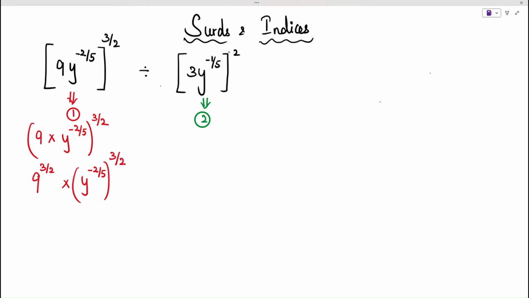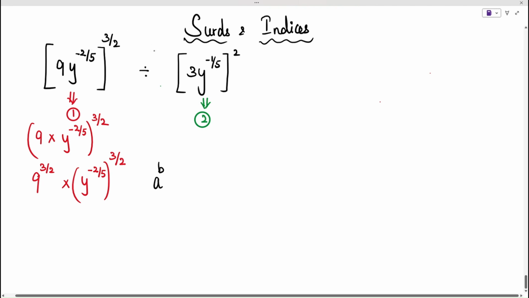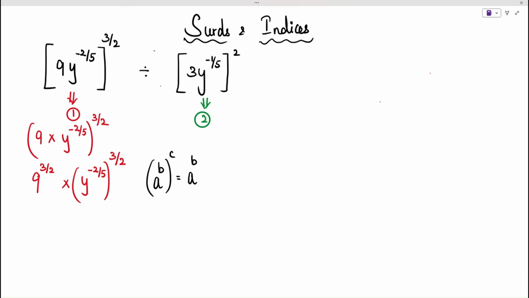So now I'm going to use the rule a to the power of b, the whole to the power of c, is equal to a to the power of b times c. And we're going to use that with our indices for y.